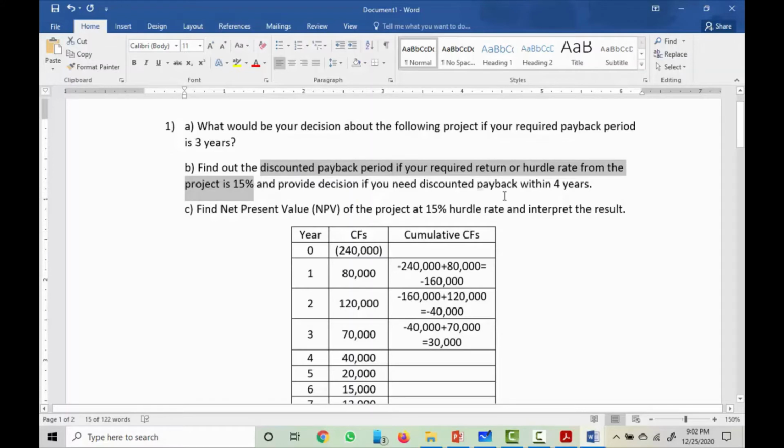So if you need a 15% return from the project, that means this is the target return or the hurdle rate.